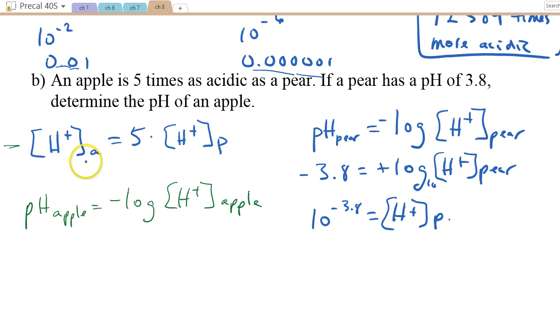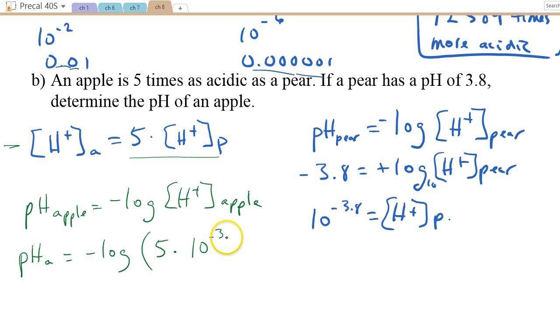The hydrogen ion concentration of an apple is equal to 5 times the hydrogen ion concentration for a pear, and I already figured that out. So the pH of the apple is equal to the negative log of 5 times 10 to the power of negative 3.8.